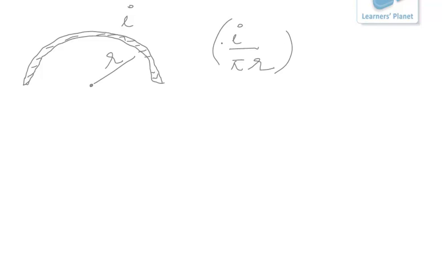So this is the current per unit length. So if I wish to find out what is the value of current that is flowing in this small element having length dx, then I can write current di flowing out of this equal to I by pi r into dx.